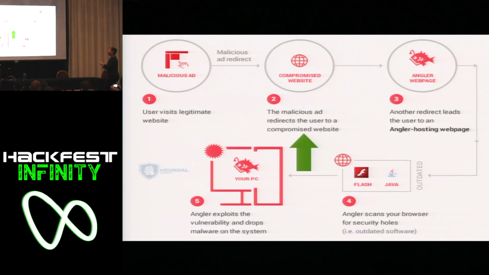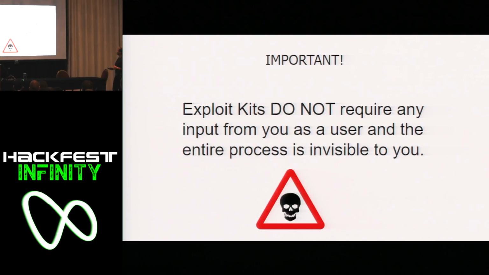What's happening behind the scenes is you're being redirected through several different redirections to eventually land on an exploit kit's landing page, at which time there's going to be a bunch of probing for vulnerabilities inside of your browser, inside of your operating system, to basically infiltrate your system in order to land the malware. And we'll talk about the different payloads in just a moment.